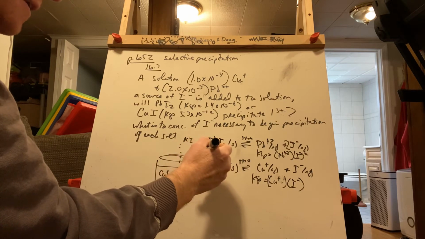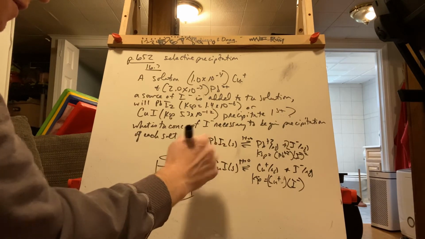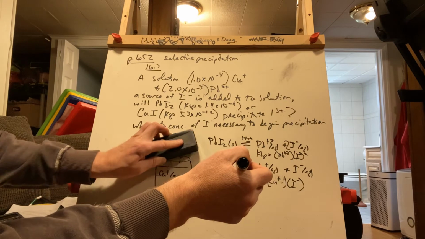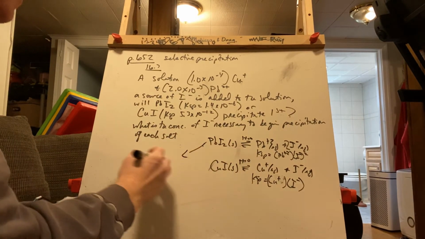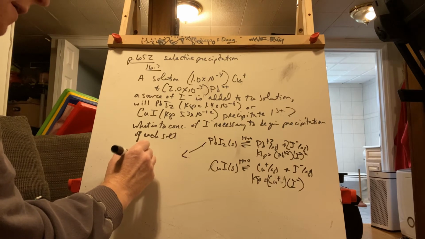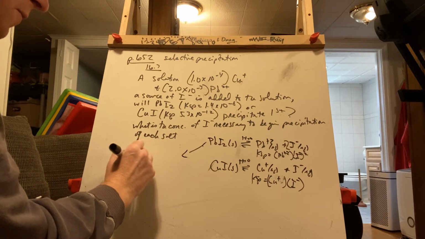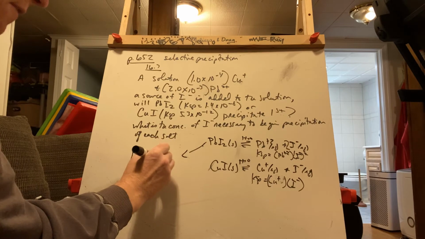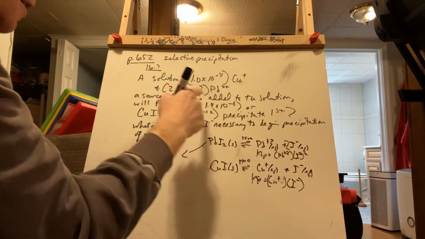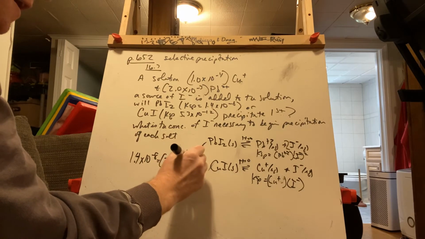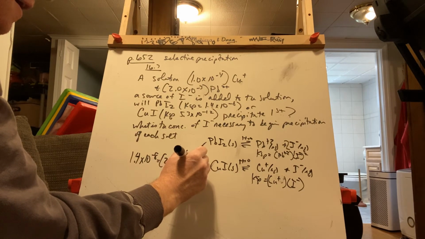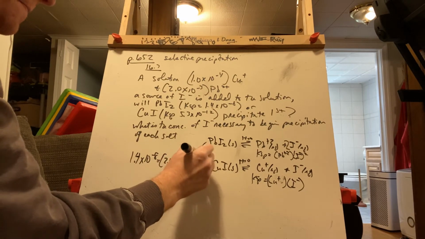So for PbI2, 1.4 times 10 to the negative 8th equals the Pb concentration, 2 times 10 to the negative 3rd, times I squared.